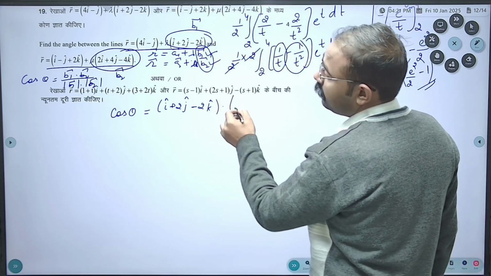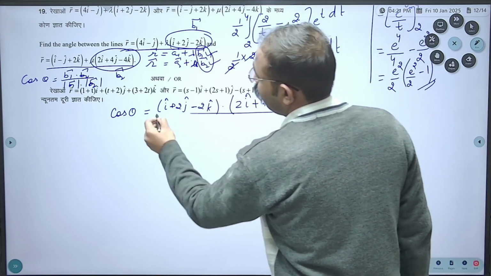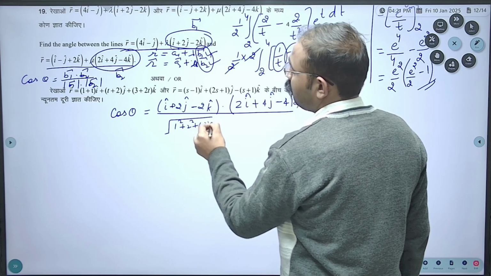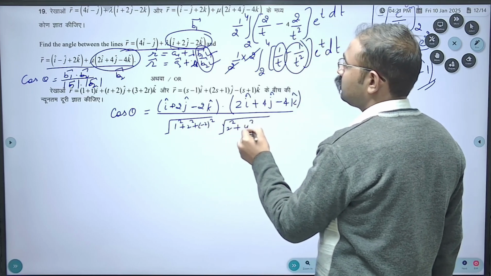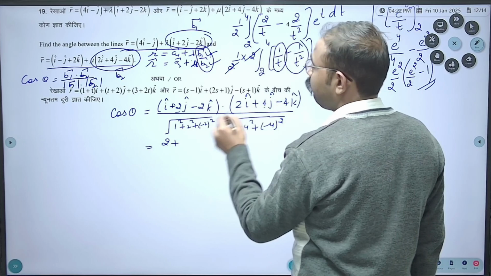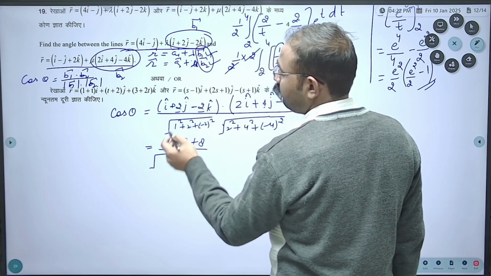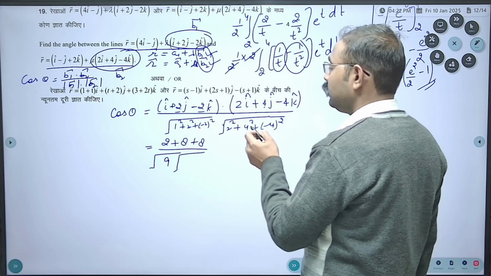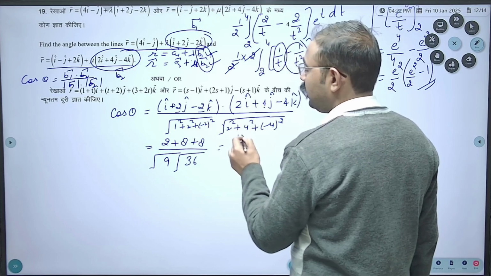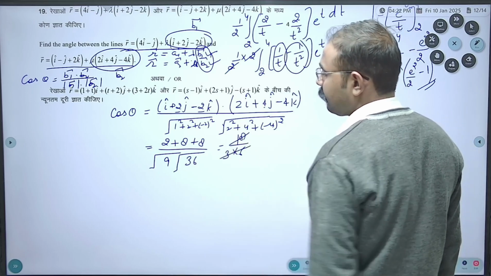So this is the first vector b1, which is i cap plus 2j cap minus 2k cap, and b2 vector is 2i cap plus 4j cap minus 4k cap, upon square root of 1 square plus 2 square plus minus 2 square, here 2 square plus 4 square plus minus 4 square. 1 multiply 2, 2; 2 multiply 4, 8; and minus 2 multiply minus 4, plus 8, upon square root of 1 plus 4 plus 4, 9; square root of 4 plus 16 plus 16, 36. 2 plus 8 plus 8, 18, upon 3 times 6, and 18 and 18 cancel.